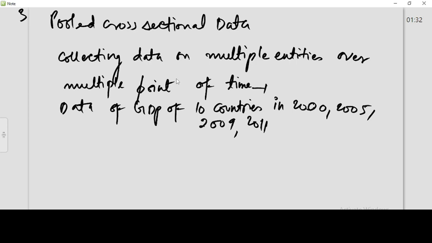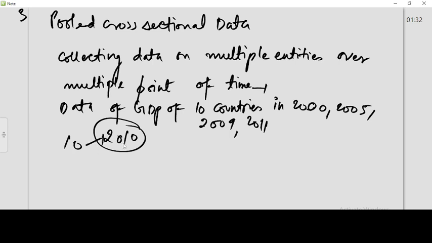Pooled cross-sectional data is important in order to check the effectiveness of a policy intervention. Supposing we have the data of the fertility rates of 10 countries for 2010.